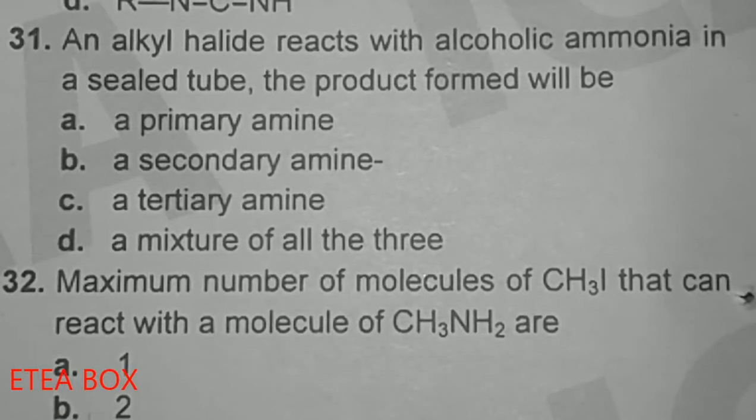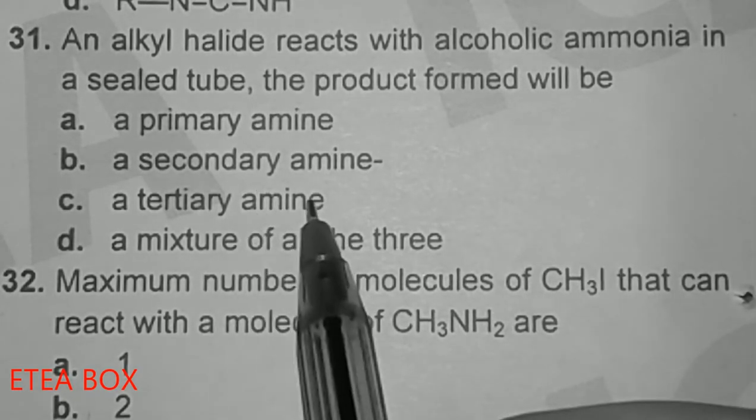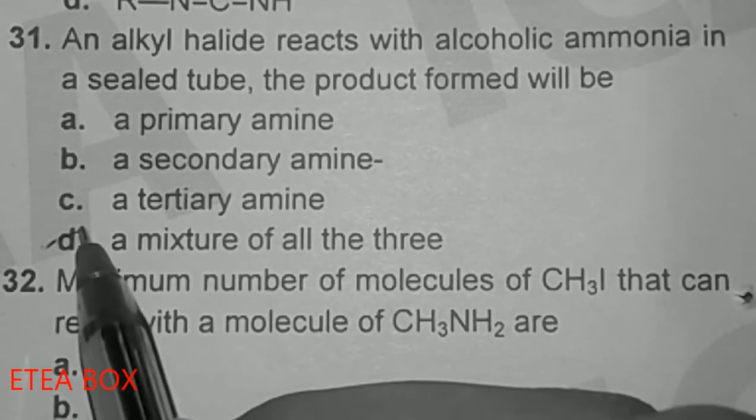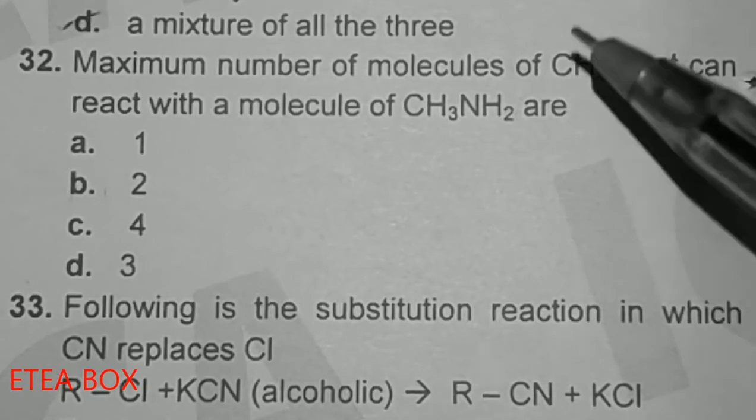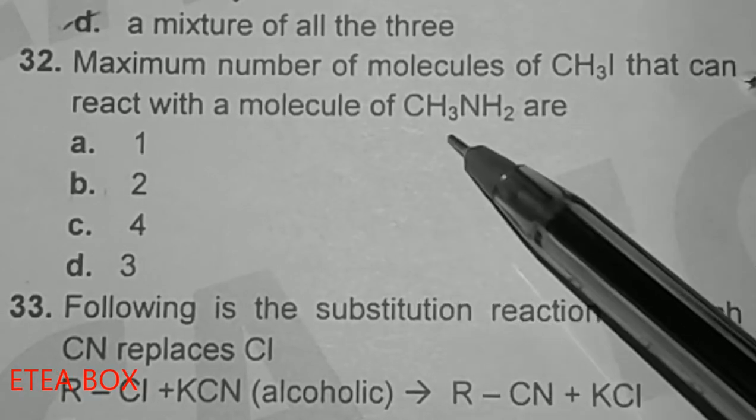An alkyl halide reacts with alcoholic ammonia in a sealed tube. The product formed is... When the alkyl halide reacts with ammonia, it can form primary amine, secondary amine and tertiary amine, so option D is correct. This reaction can form all three amines. What is the maximum number of molecules of alkyl halide that react with a molecule of amine?